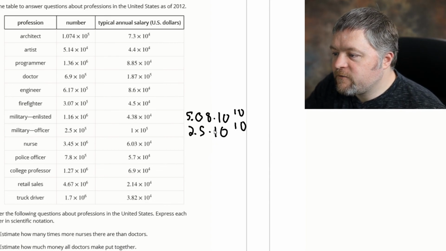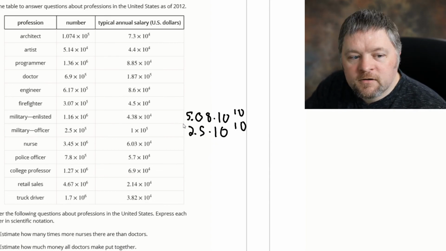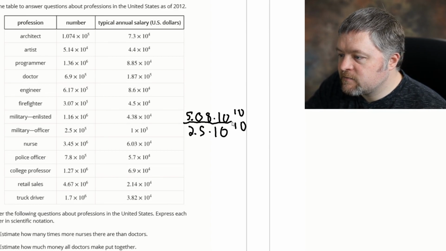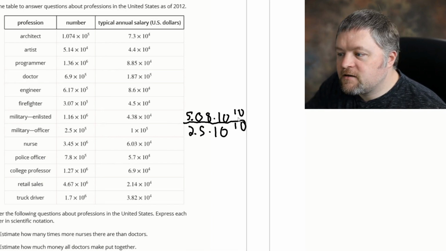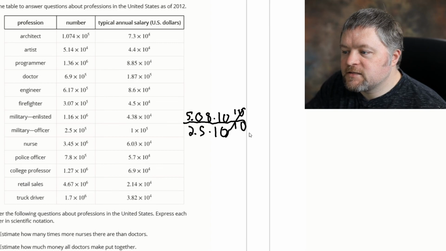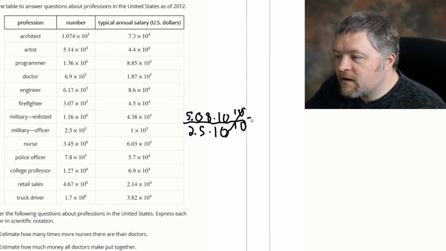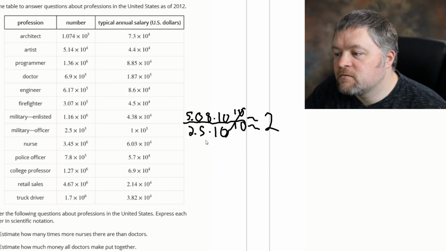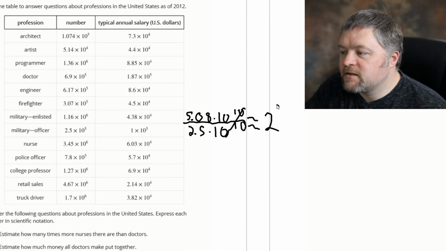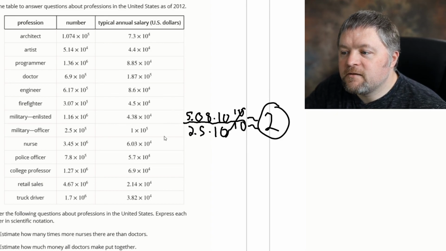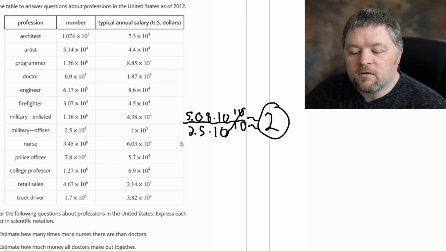So now we want to find out how many times more, which means we just need to divide these. 10 to the power of 10 divided by 10 to the power of 10, that will just cancel out. 5.08 divided by 2.5 is right around 2, because 5 is double 2.5. So that is approximately 2 times more that the enlisted men make than the officers as a whole.